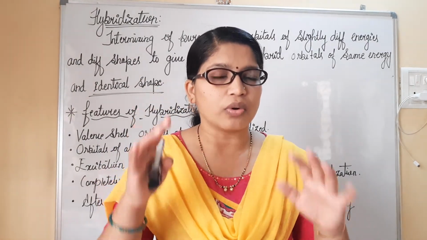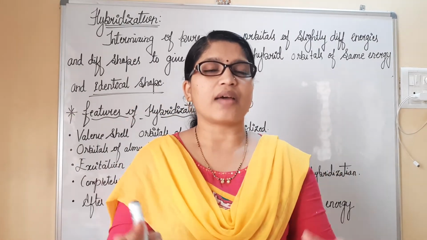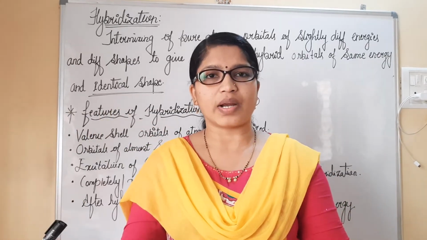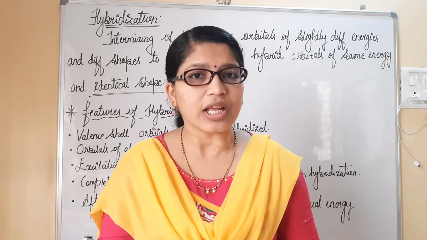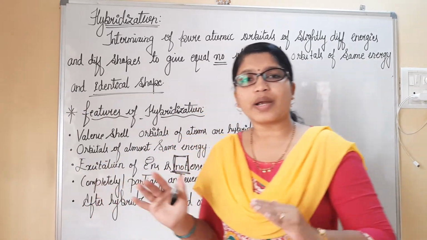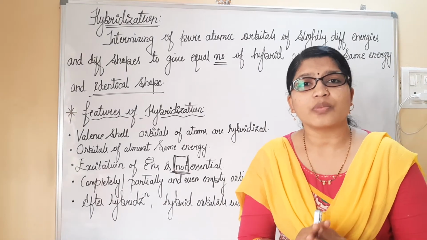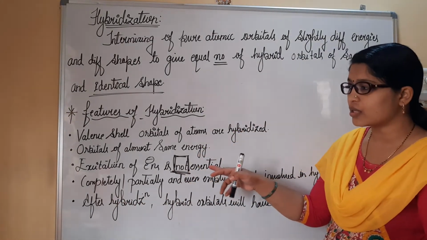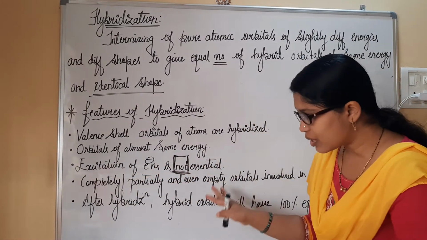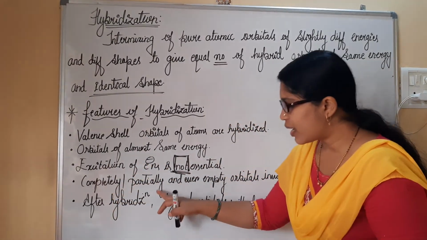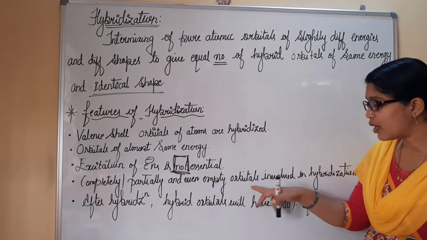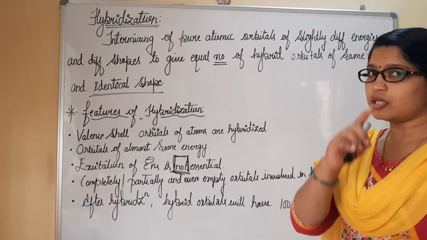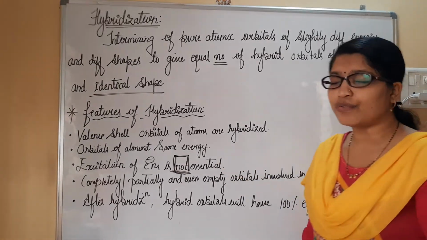Orbitals having no electrons, orbitals having partially filled electrons, empty orbitals, even without electrons, all kinds of orbitals we can involve in the hybridization process. That was exactly what this told. Excitation of electron is not essential. Completely filled, partially filled, even empty orbitals can be involved in the hybridization process. This is most important. These 2 points you have to remember.